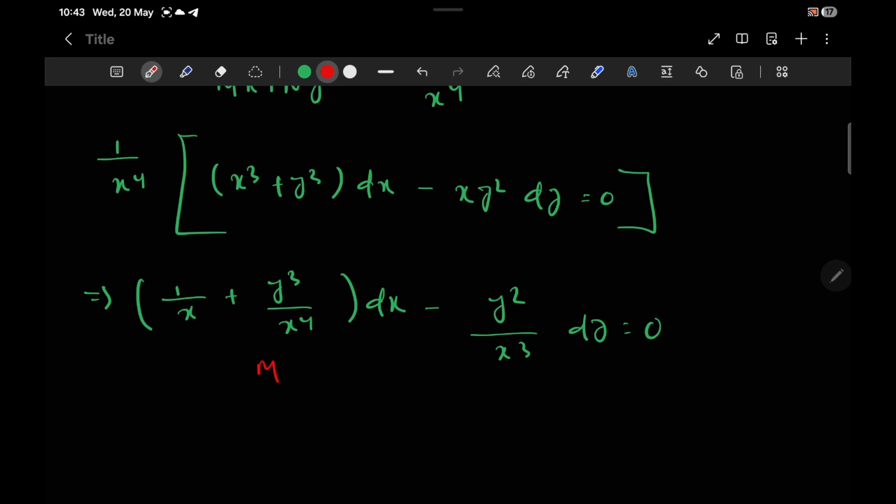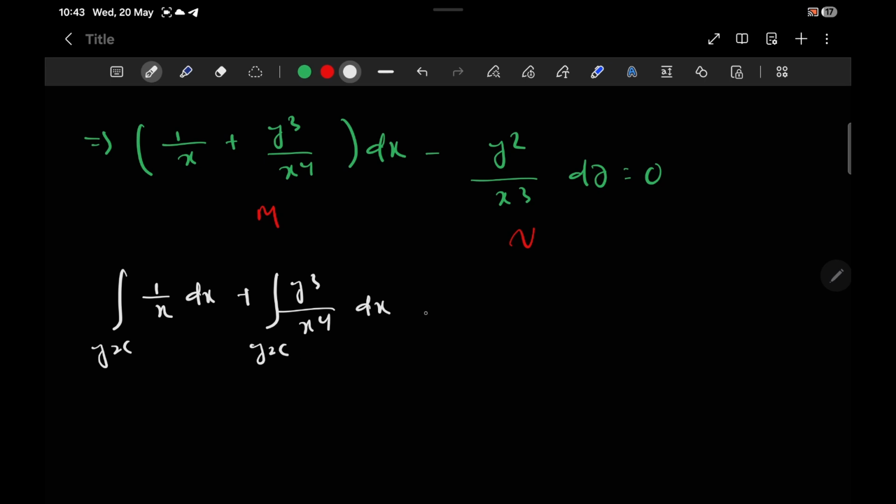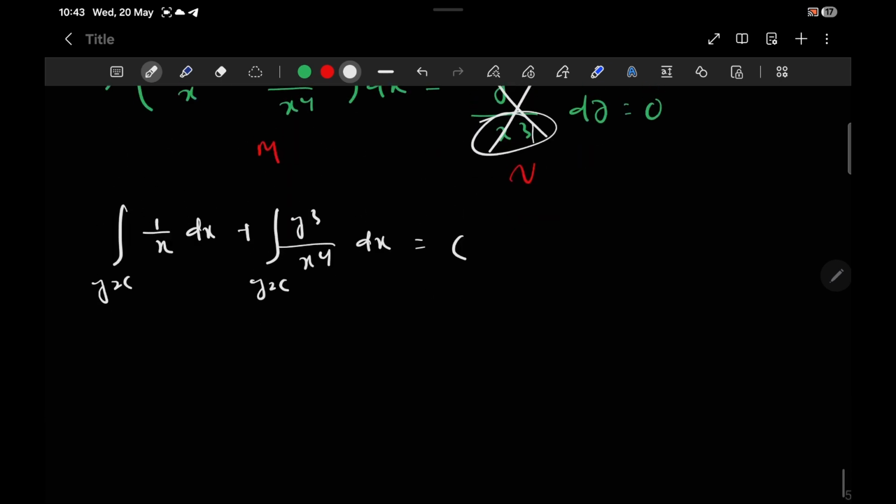So this is M, this is N. So let's do our thing by solving the equation, that is 1/x dx plus y^3/x^4 dx, both have y equal to constant, and this term cannot be taken as it has an x term, so it is equal with a constant.